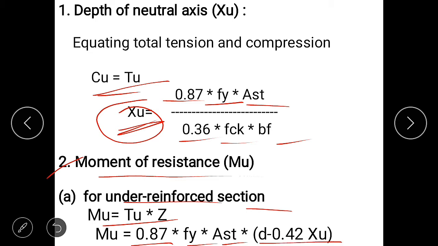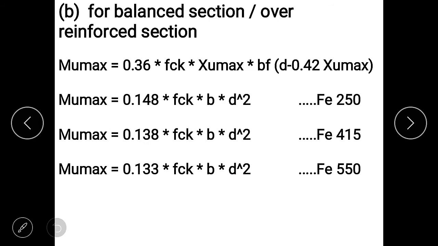So the Mu formula is 0.87 fy into Ast into (d minus 0.42 xu). This is for an under-reinforced section, and for balanced and over-reinforced sections, the formula is Mu max equals 0.36 fck xu max into bf into (d minus 0.42 xu max).